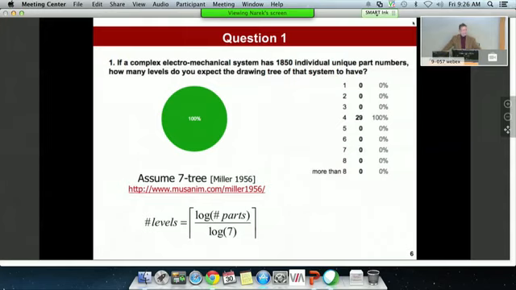This is basically a straight application of the magic number 7 rule. And in practice, if not everybody will go exactly for 4 levels, but that's the basic idea. If you decompose the system with this human cognitive bandwidth in mind, for a system of that level of complexity, you should expect roughly a 4-layer decomposition.